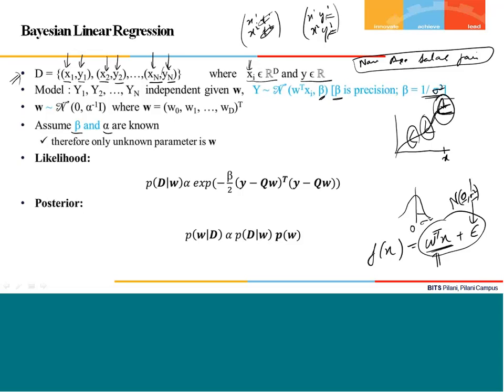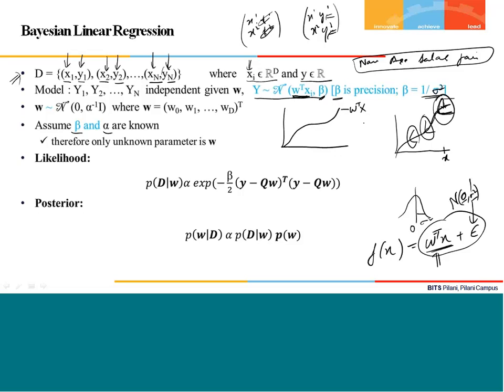So these y are independent given w, and all these y are Gaussianly distributed, where the mean is given by the hypothesis. Let me try to explain again what this means. Let's say this is the hypothesis, given by w transpose x.